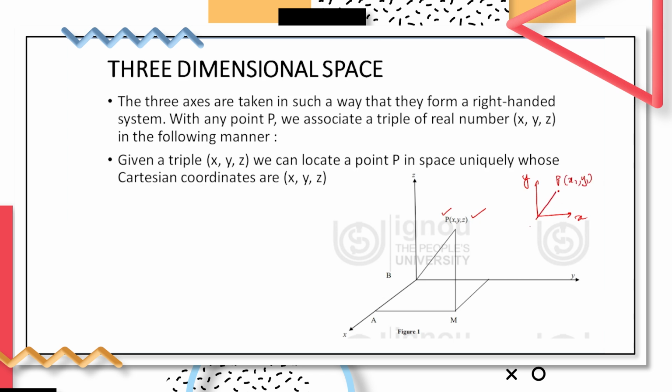If O is the origin and OP is the vector, say R, then R vector, which is vector OP in two-dimensional space, can always be represented with xi plus yj. But if the case is three-dimensional, as shown over here, then the vector OP will be given by xi plus yj plus zk.